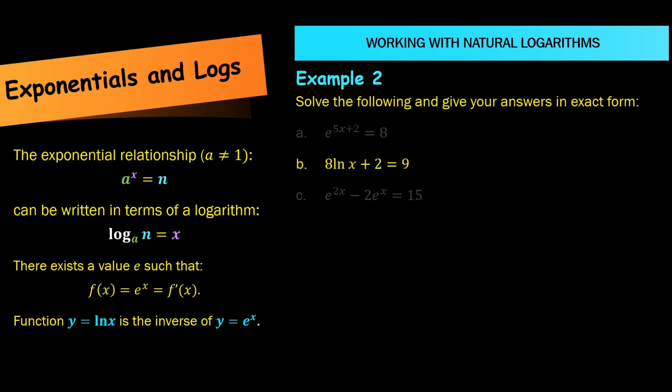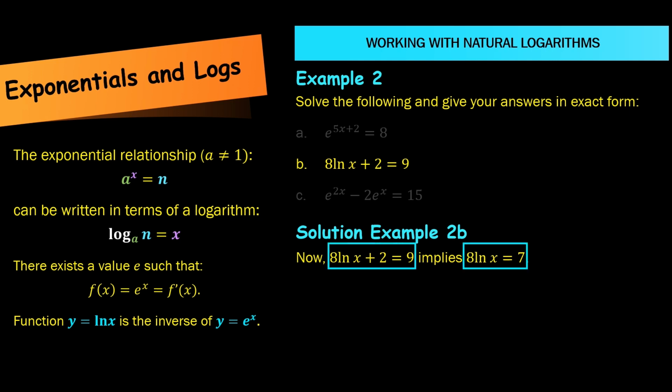Now let's have a go at example 2b. We are required to solve 8 ln of x plus 2 equals 9. So let's solve this. Now 8 ln of x plus 2 equals 9 implies, once tidying up, 8 ln of x equals 7. Of course, we've simply subtracted 2 from both sides. And therefore, dividing through by 8 gives us that ln of x equals 7 over 8.